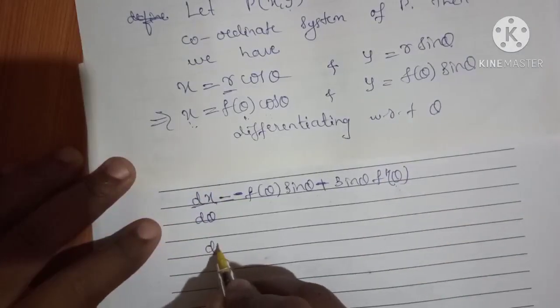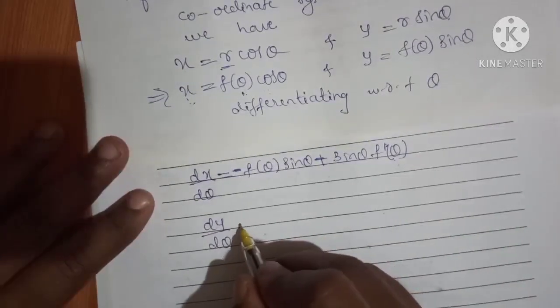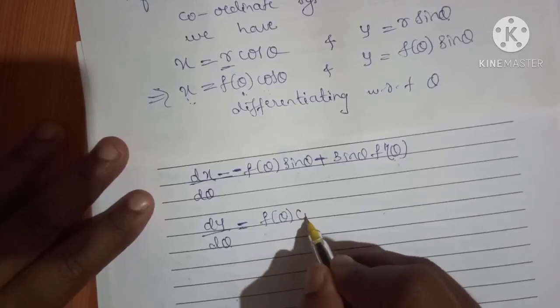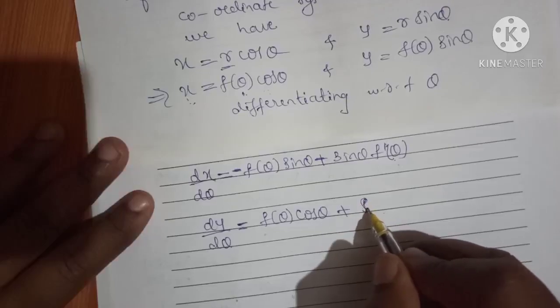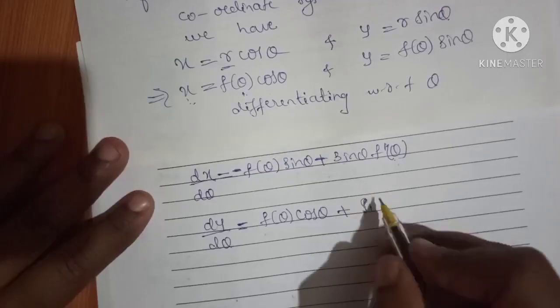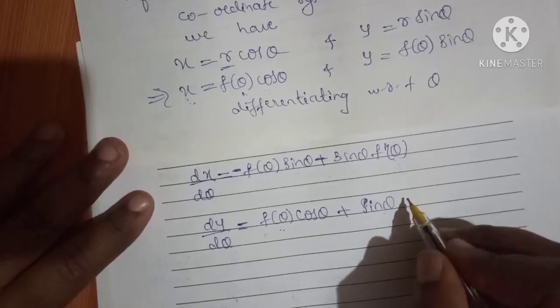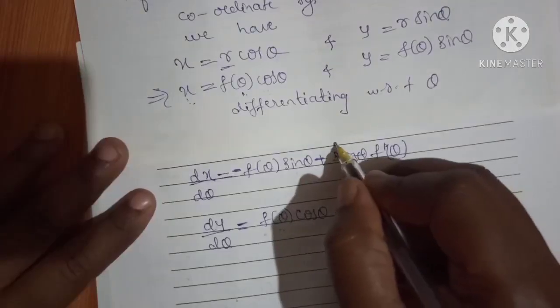And differentiating y with respect to theta, we get dy by d theta equals f of theta as it is, the differentiation of sin theta is cos theta, plus cos theta as it is, the differentiation of f of theta is f dash of theta. So here this is cos theta.